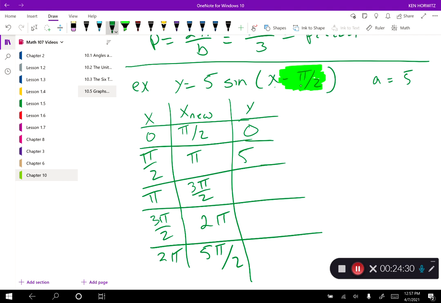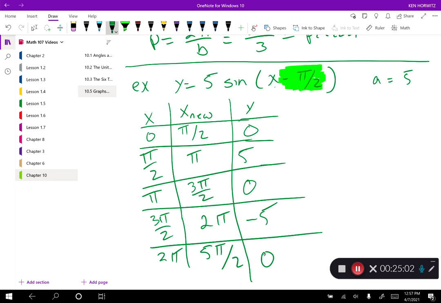The sine at pi is 0, so that's still going to be 0. Now I'm going to do 2 pi. 2 pi minus pi over 2 is 3 pi over 2. The sine of 3 pi over 2 is -1 times 5 is -5. And put in 5 pi over 2 minus pi over 2 is 2 pi. The sine at 2 pi is 0 times 5 still gives you 0. And then you could graph these from here. All right.